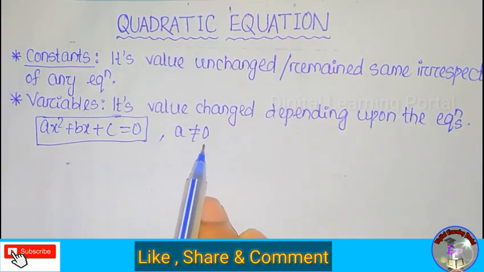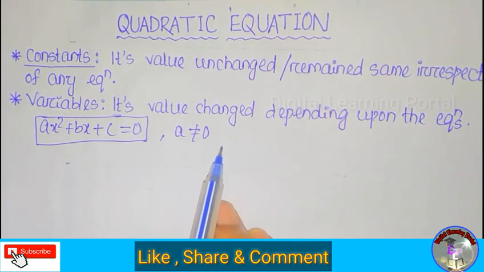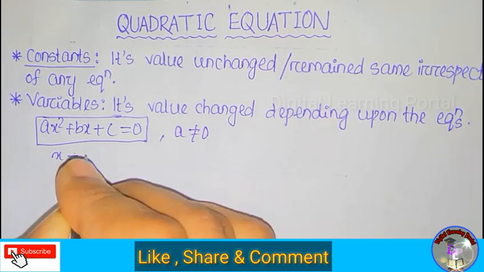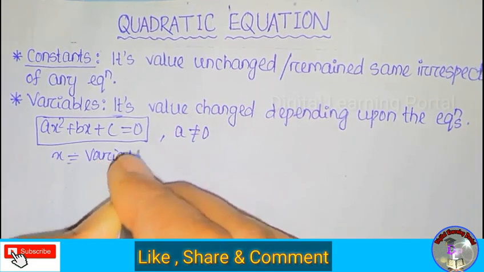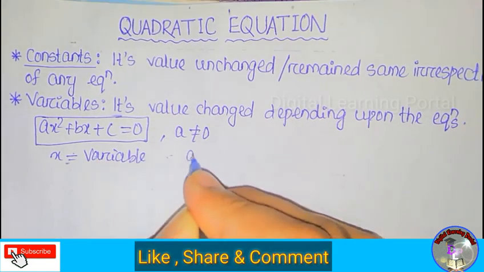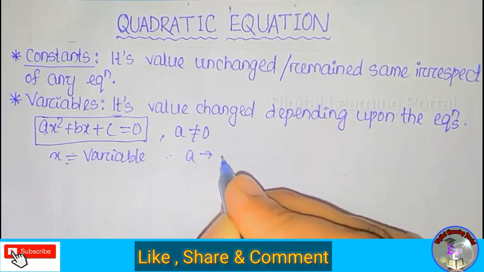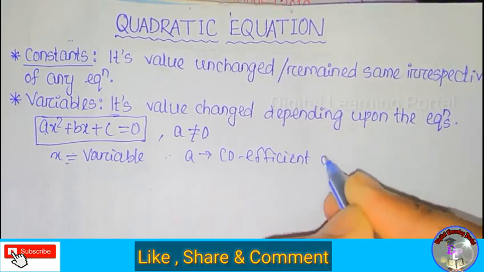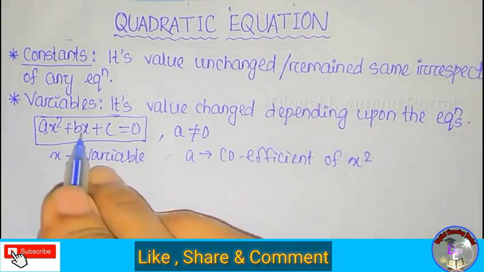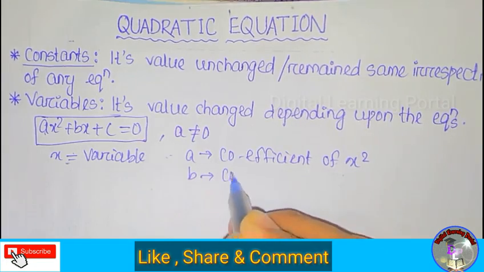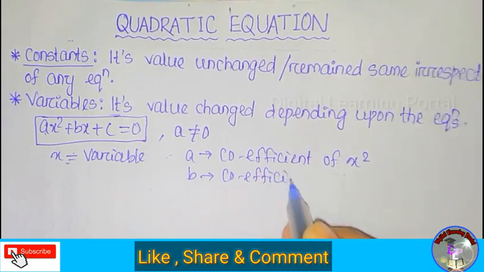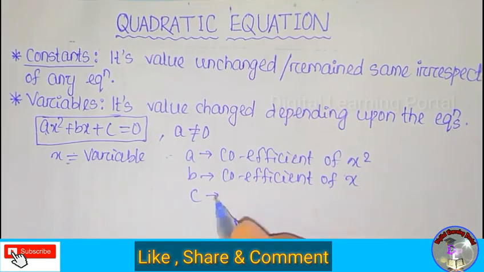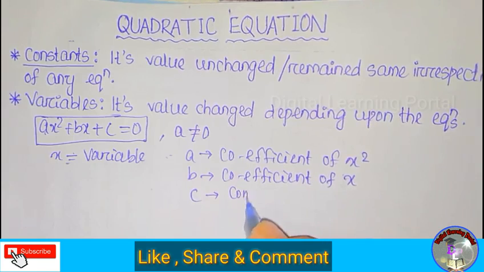This is called the general form of a quadratic equation, where x is called the variable, and a is the coefficient of x square, and b is the coefficient of x, and c is known as a what? c is known as a constant.